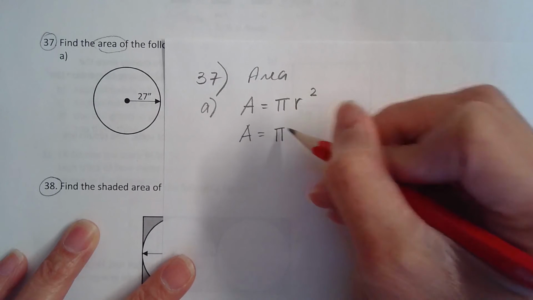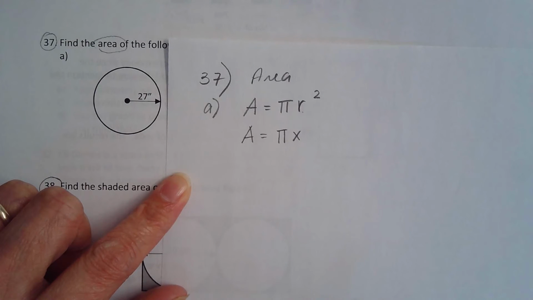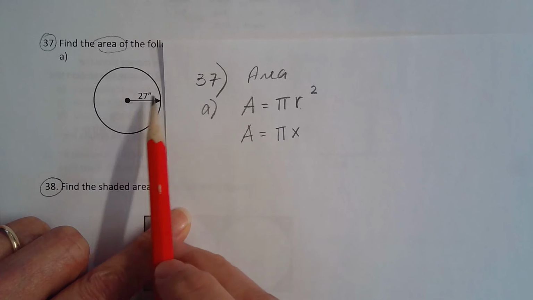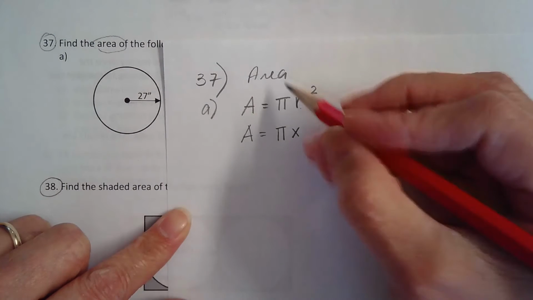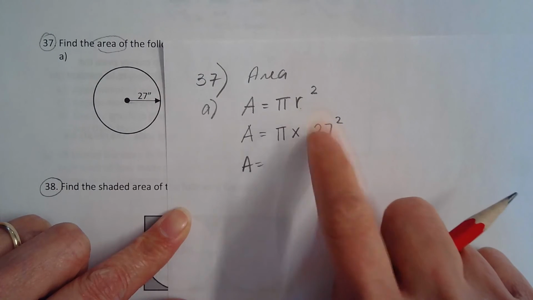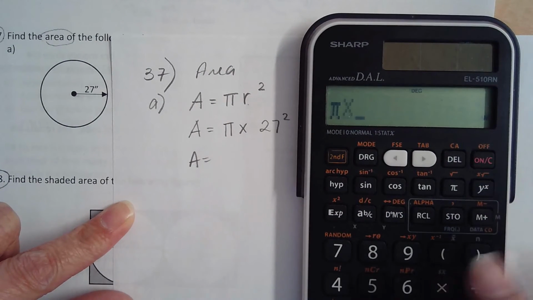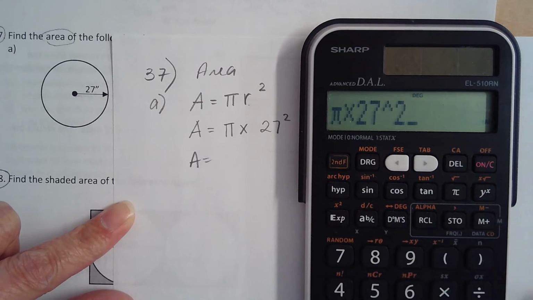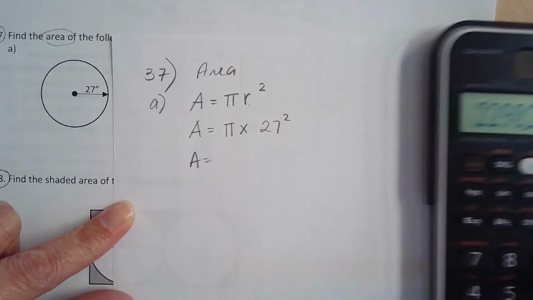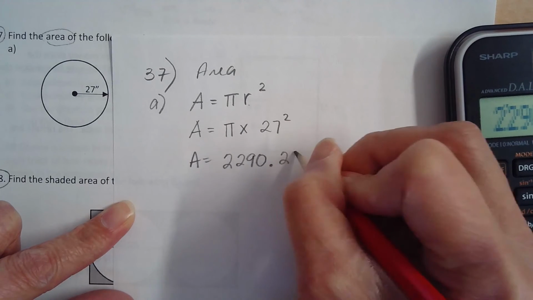So pi times r. What's my r? So this is the r from middle to the end, right? So 27 squared. So 1 mark for just writing that piece down. So pi times 27 squared. It's going to be 2,290.22.